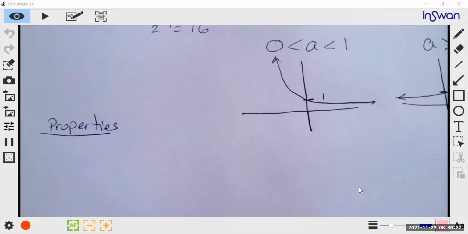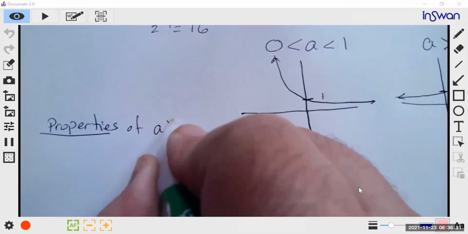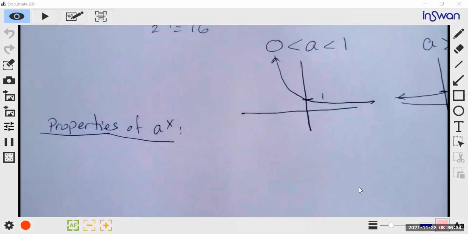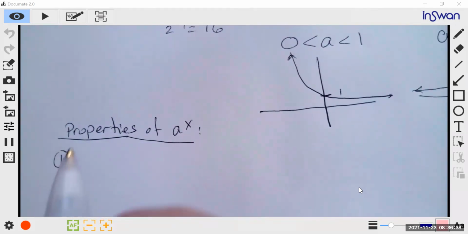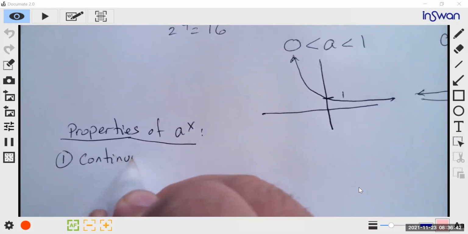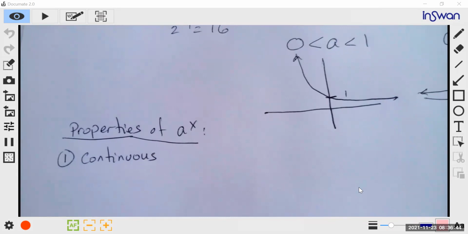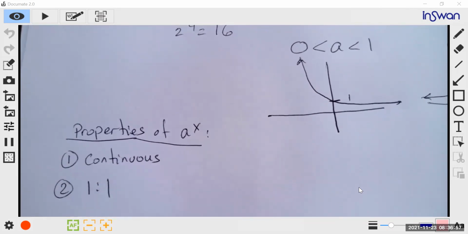The properties of an exponential function. It's continuous, meaning there are no breaks. Well, like I said, there's a horizontal asymptote, which you'll see in a second. The function is 1 to 1.